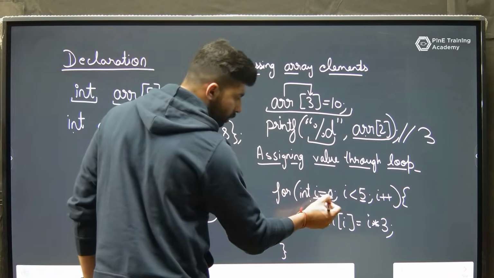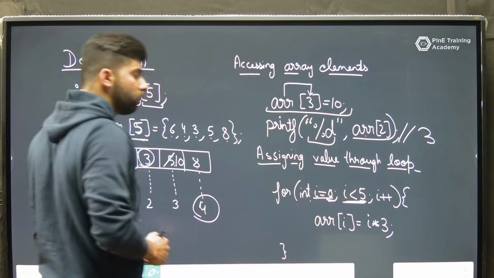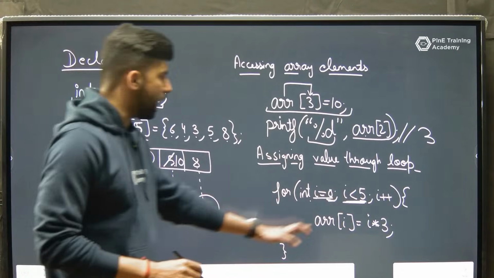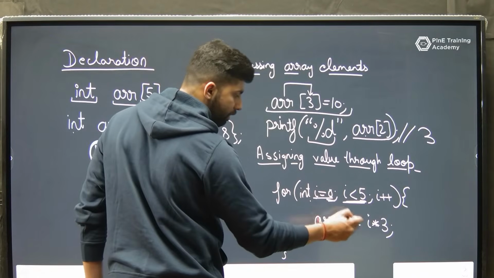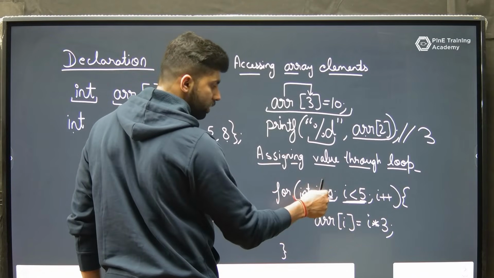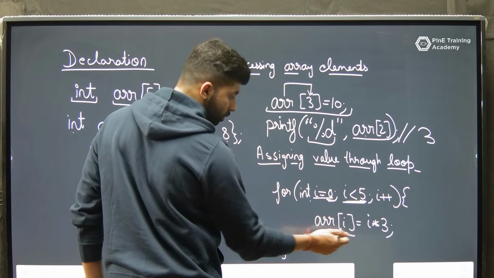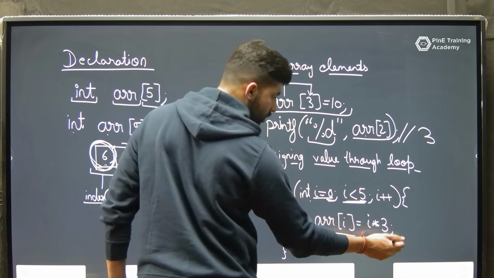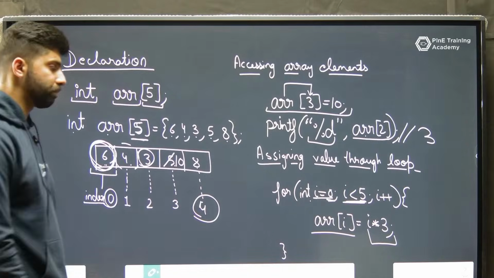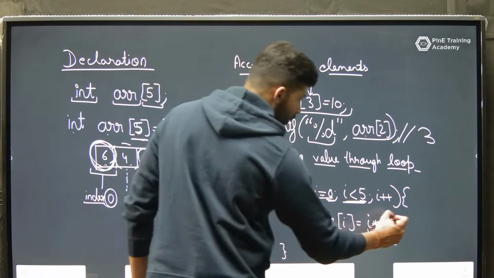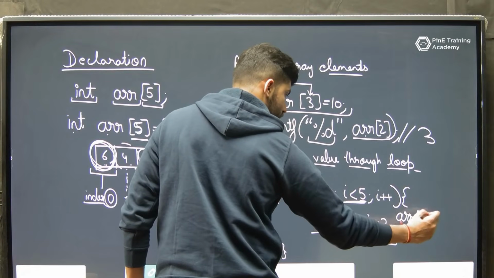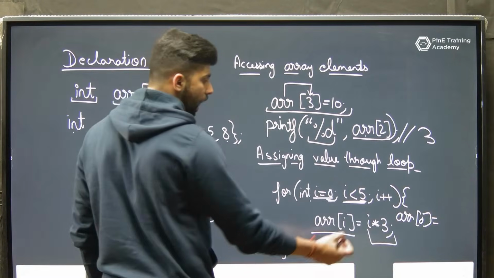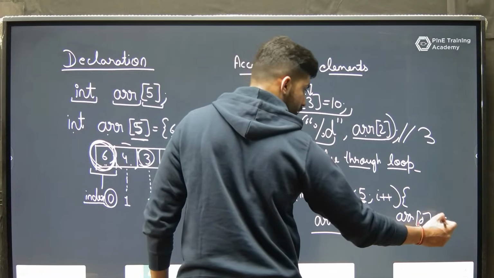So we start with the 0th index, go while i is less than 5, and do i plus plus. On every iteration, i will be incremented: starting with 0, then 0, 1, 2, 3, 4. So I will assign the values at every index. For array of 0, I will assign 0 multiplied by 3, which is 0.